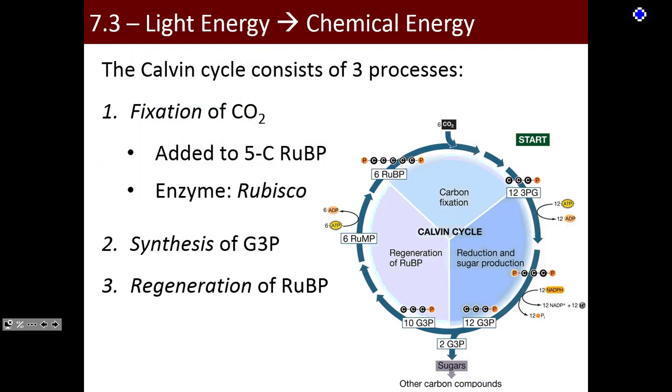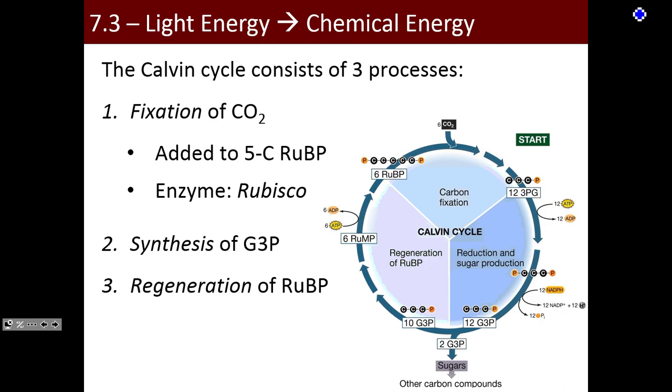Okay. So the Calvin cycle, like the citric acid cycle, is another big cycle. Got lots of steps occurring. We're not going to worry about each individual step, nor am I going to ask you to know any of the intermediates. I like to think of the Calvin cycle as really 3 separate processes or 3 phases. This is the overview level at which I think we need to understand it.